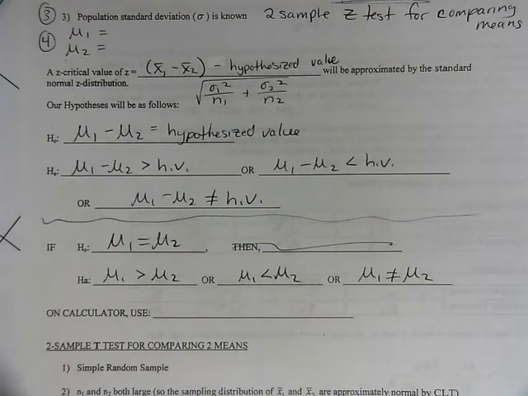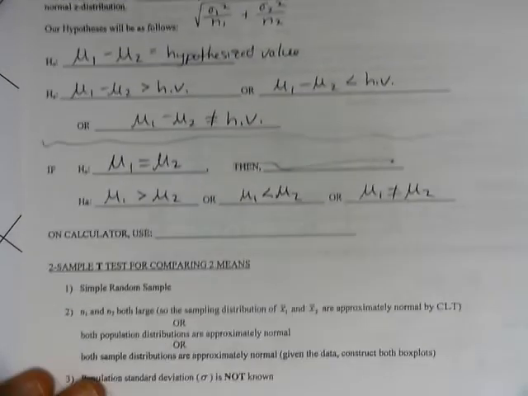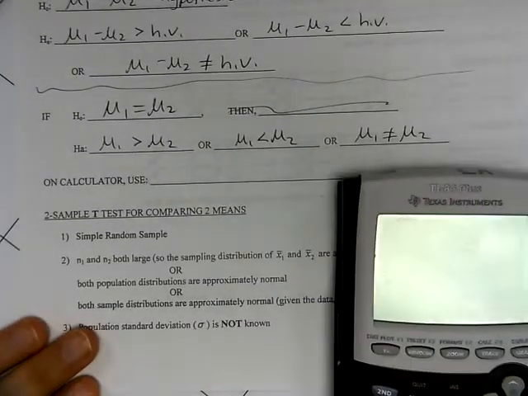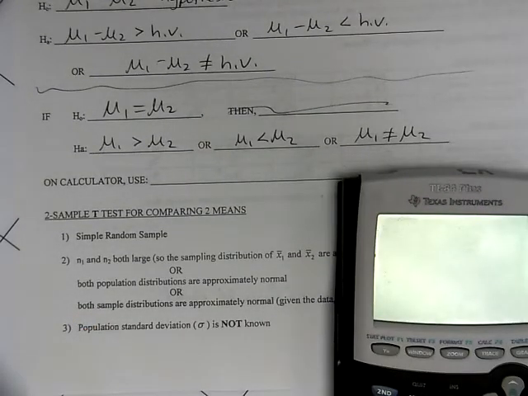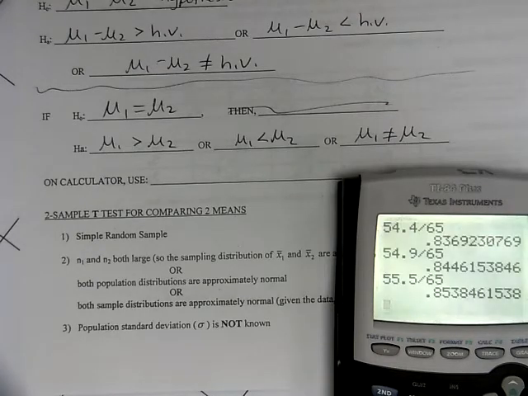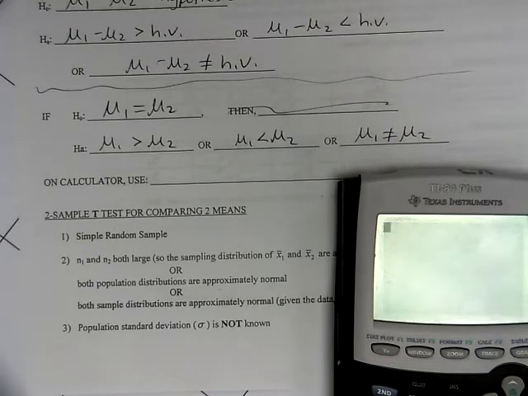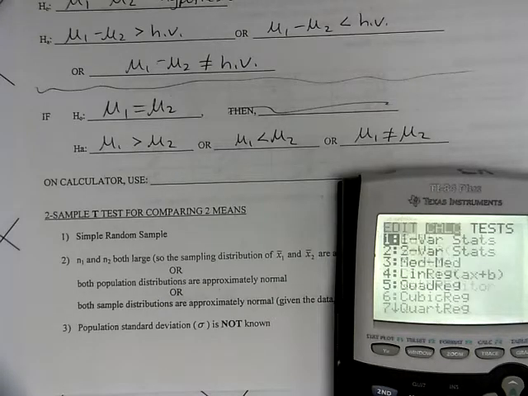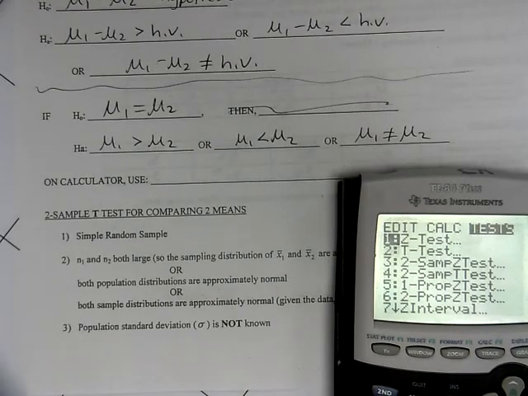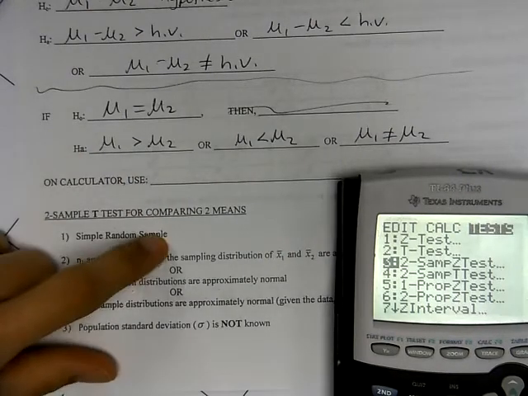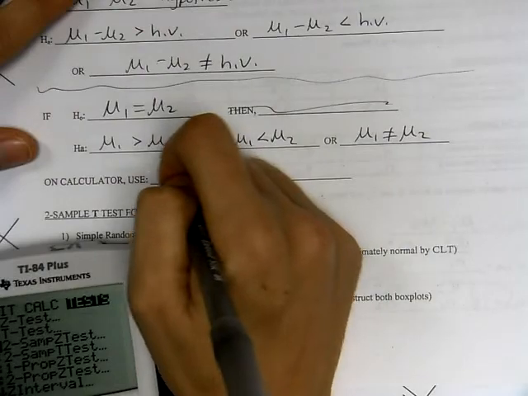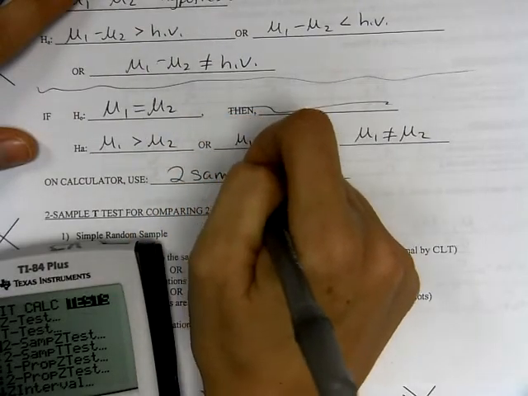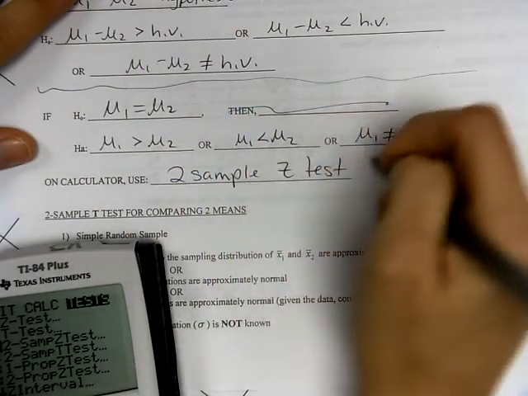Okay. In your calculator, everybody get your calculators out. This test is test 3. So 2 sample Z test.